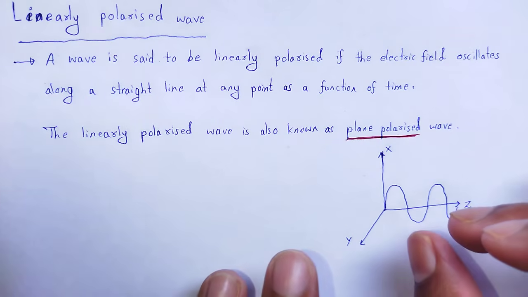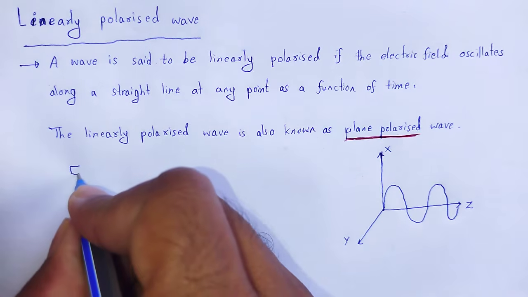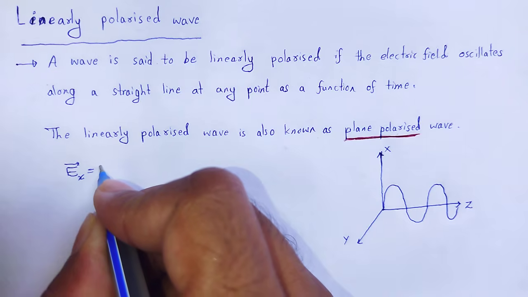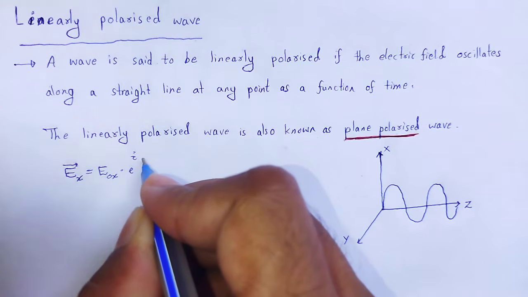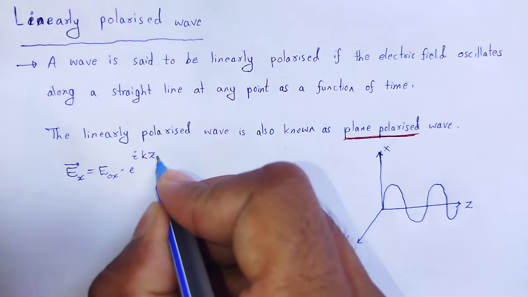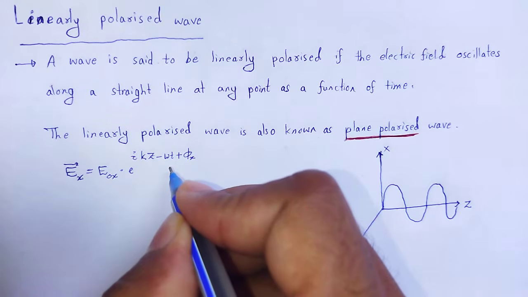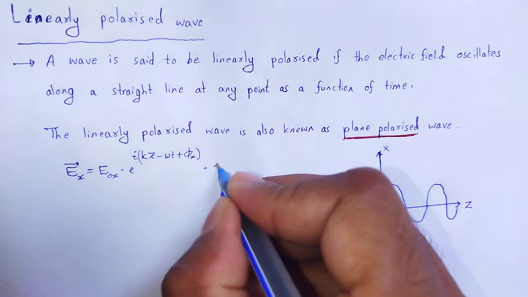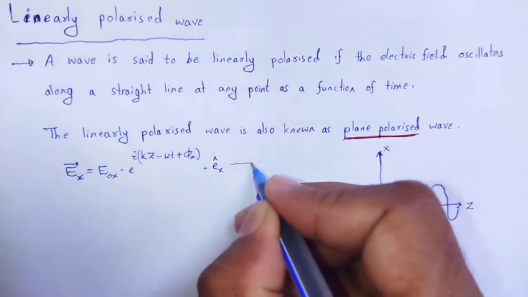So, we can represent that electromagnetic wave as E x vector, with its amplitude E o x, e to the power i (k z minus omega t plus its phase phi x), and the unit vector along the x direction, E x cap. Equation number 1.